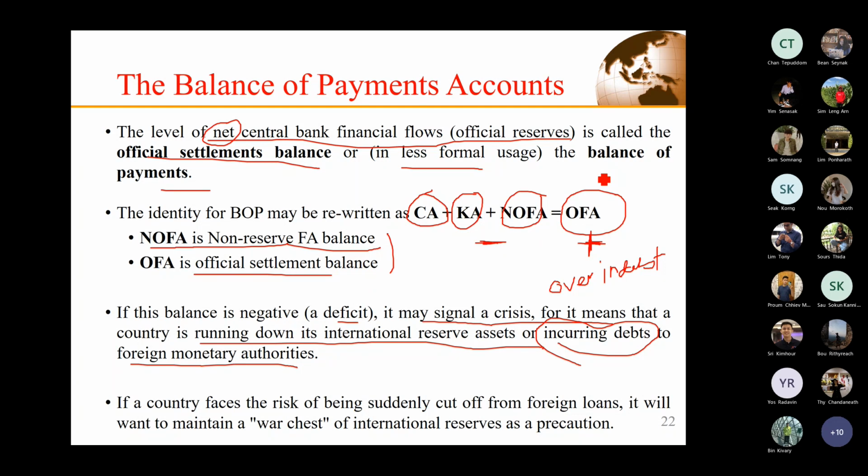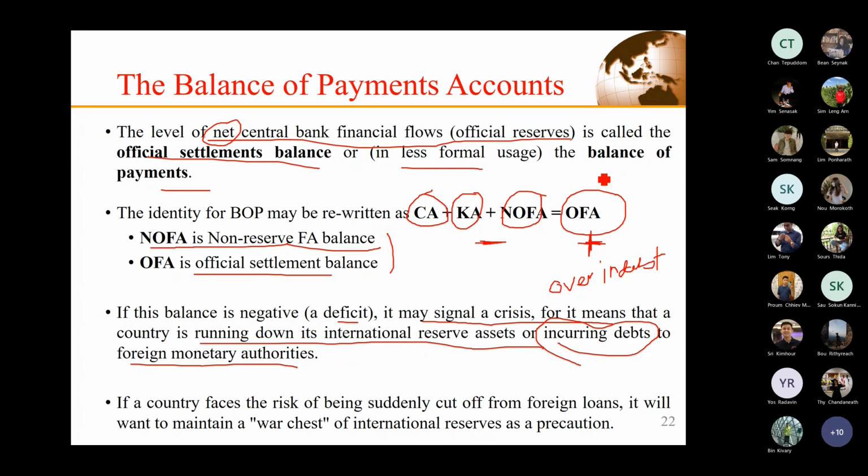So if we see that our central bank, like the NBC, is accumulating more foreign reserve, it means a good sign, because we are building our reserve, which we can use to influence the exchange rate if some economic problem happens.